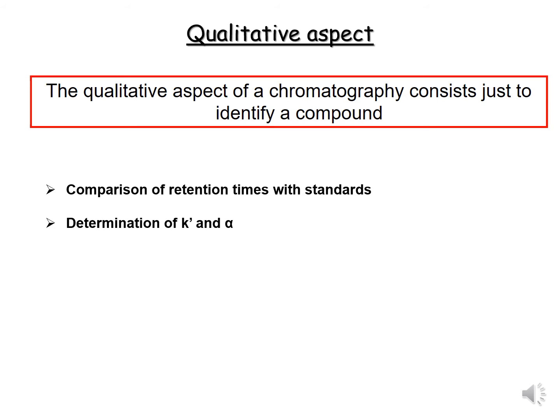Then to be sure that this is my compound, I inject standards, so the same molecules, but I know that this is the same molecules, and in the same condition with the same column and the same mobile phase, I will have the same retention time. Then I compare these two retention times, and if the times are similar, then I consider that this is the same compound. I can then determine the retention factor k prime and the selectivity alpha.